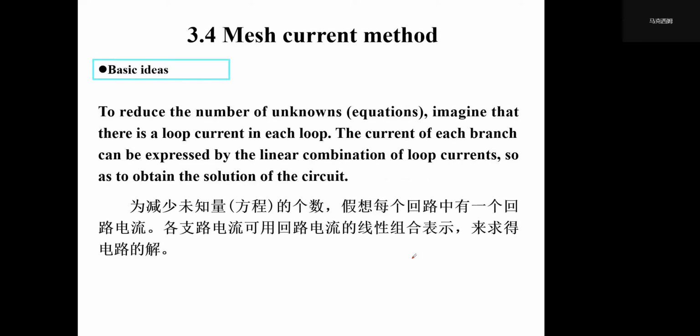So instead of listing the branch current directly, we use the mesh current, and using the combination of the adjacent mesh currents, we can also reach the branch current on each branch. So by using this kind of method, we can still list the KCL and KVL equations.